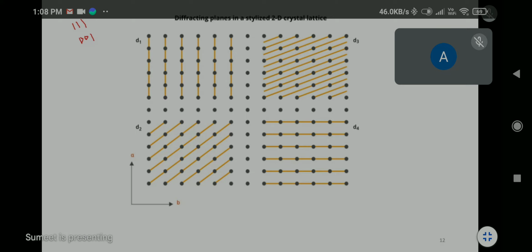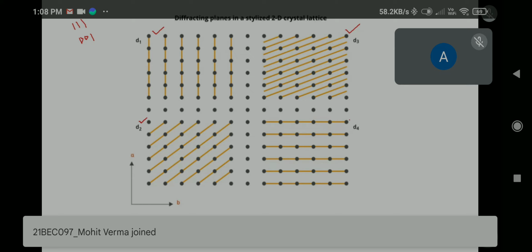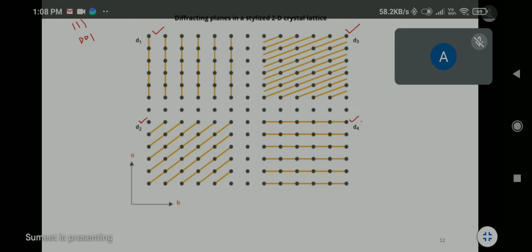If we have to visualize them in a 2D crystal lattice, you can make a plane with these vertical straight lines, or you can also consider these as planes, or you can mark planes as shown in this figure, and you can also make planes in this horizontal direction.